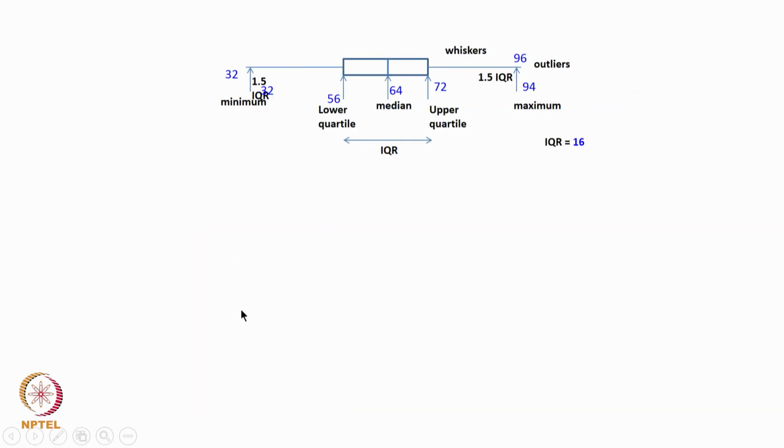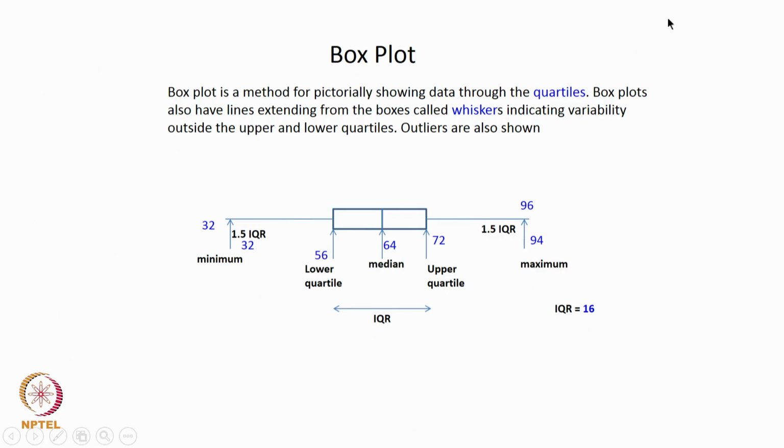Similarly, in this case the 1.5 IQR coincides with 32, but if the minimum is still lower than 1.5 IQR, all the points between 1.5 IQR and the lower quartile are called whiskers, and those to the left of the 1.5 IQR are called outliers.